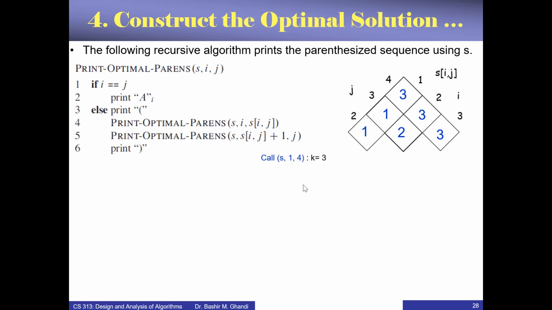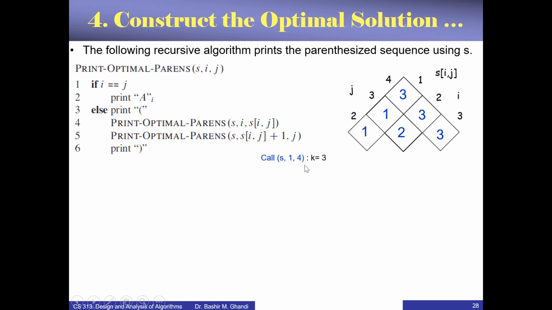Suppose we call this procedure with our array S, and with initial value of i as 1 and j as 4. Obviously i is not equal to j initially. Here the corresponding value in our array S for 1 4 is actually 3, so k is equal to 3 for this particular call.